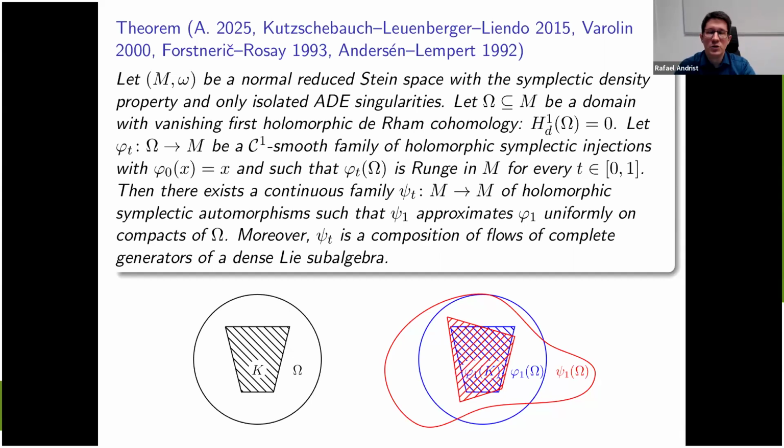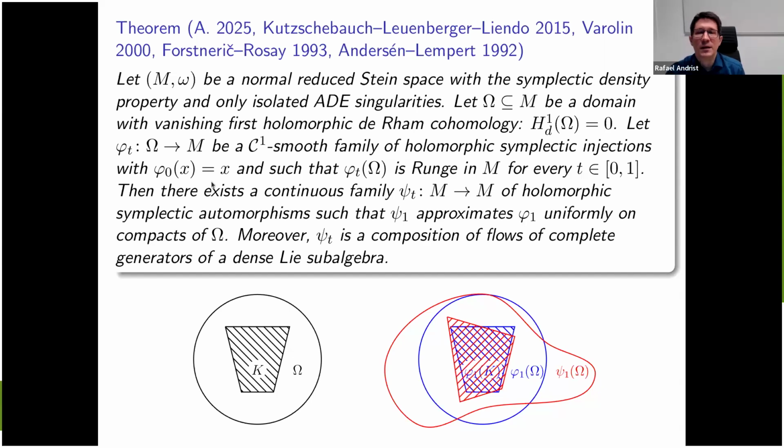Just what I want to mention is the following. If I now take omega, this domain, to be the whole space, so omega equals M, and I simply take an automorphism that I can connect to the identity, then this phi t will simply be a family of automorphisms connecting the automorphism to the identity.